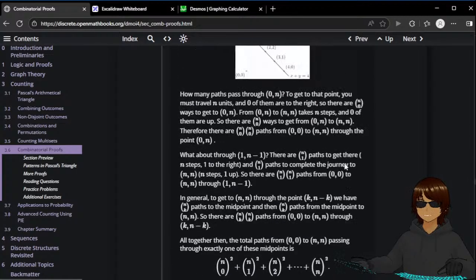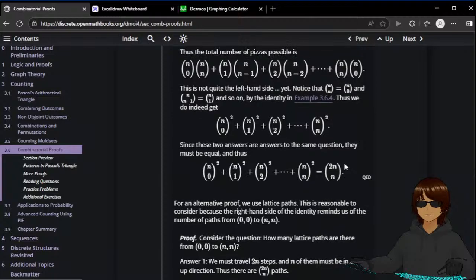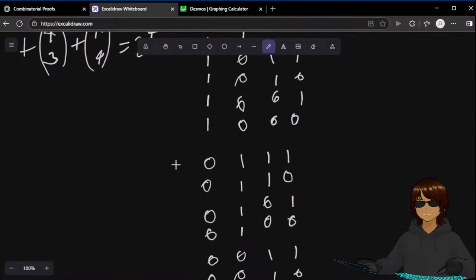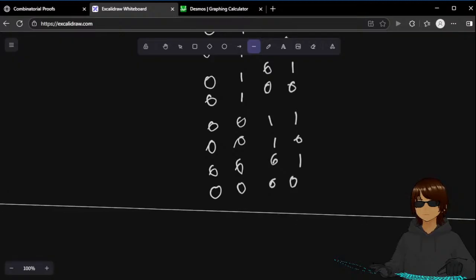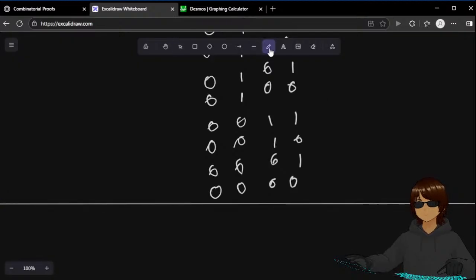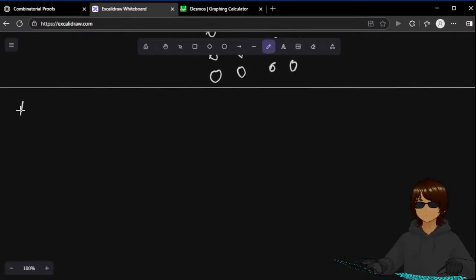But can't we do this algebraically? Let's try to do it algebraically. So n choose k is this, right?